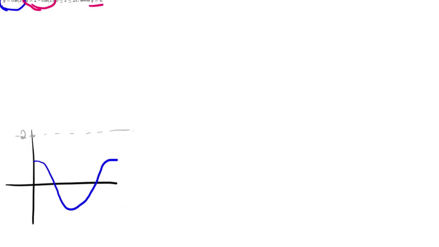This is going to be the midline. And this guy is going to look like cosine but flipped. Kind of like that. Okay, now this region is going to be rotated about y equals 4.